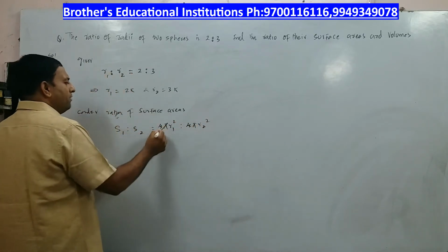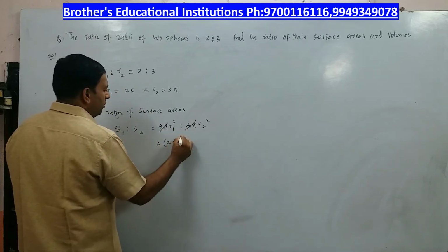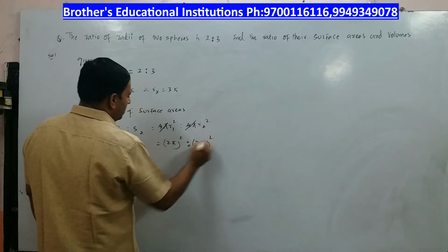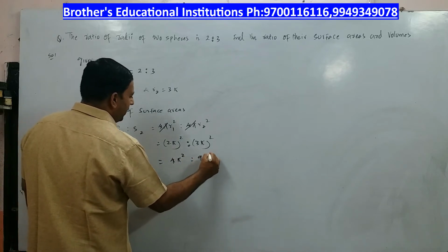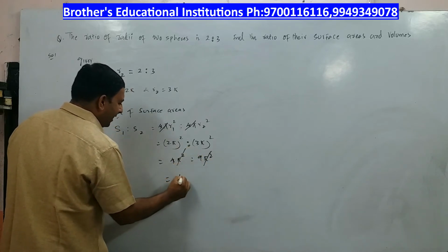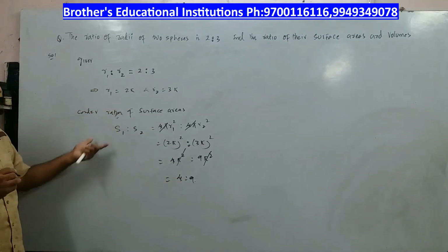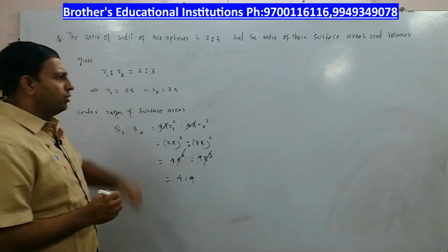Now 4 pi cancel. What is R1 value? 2K whole square is to, what is R2 value? 3K whole square, and then you have 4K square is to 9K square. Common K square cancel, 4 is to 9. So the ratio of their respective surface areas will be 4:9 if the ratio of their radii is 2:3.